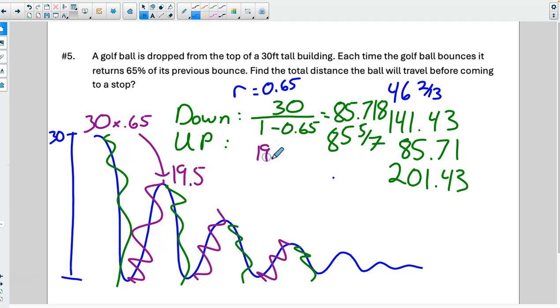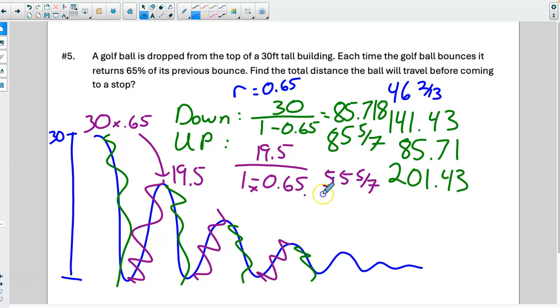And so I go 19.5 over 1 minus 0.65. So that gives me 55 and 5/7.